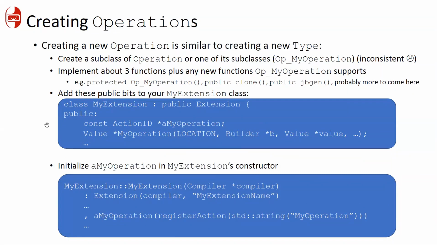All right, so once you've got types, you can create values, but you need operations to actually produce values. So how do you add new operation types? It's actually quite similar to creating a new type. You have to create a subclass of operation in this case, or one of its subclasses. There are actually a bunch of structural subclasses of operation that are created to help make this easier. So for example, there's a operation R0v2, which is an operation that doesn't have any results, but it has 2 values.